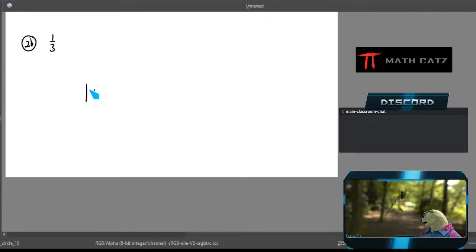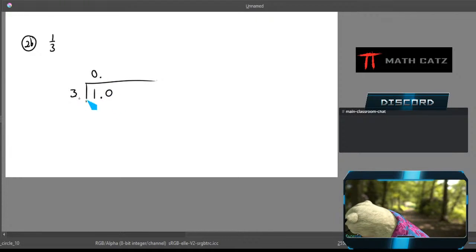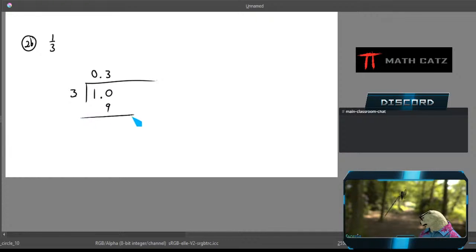So let's do it. We put 1 in the house, 3 is the divisor. 3 goes into 1 never, 0 times. So I need another 0. Now I can look at 10. 3 goes into 10 3 times. 3 times 3 is 9, relative to where I am. So I have 1 left.